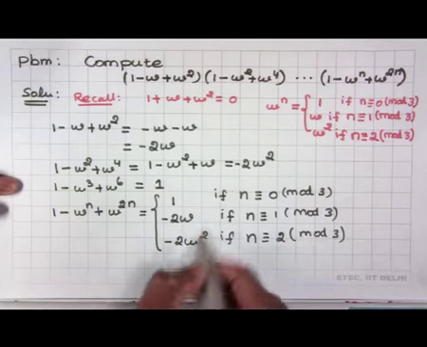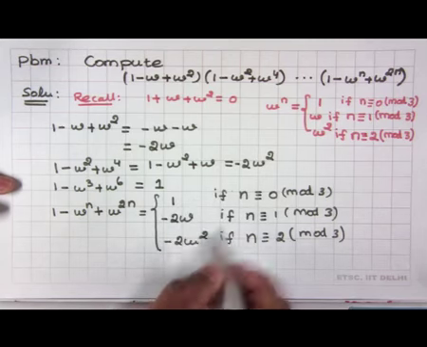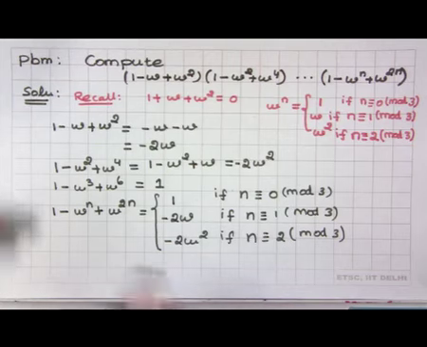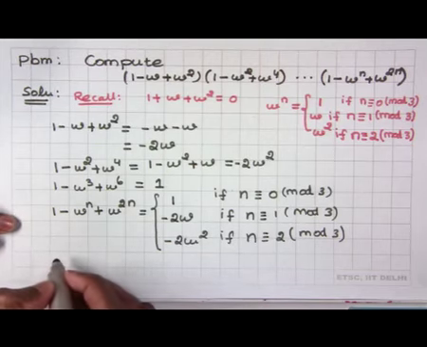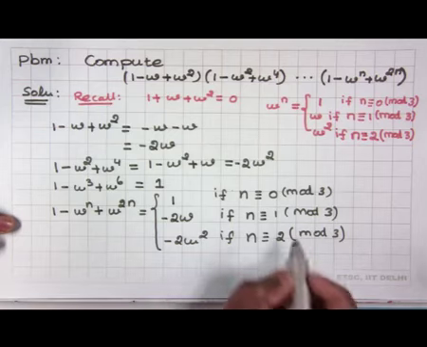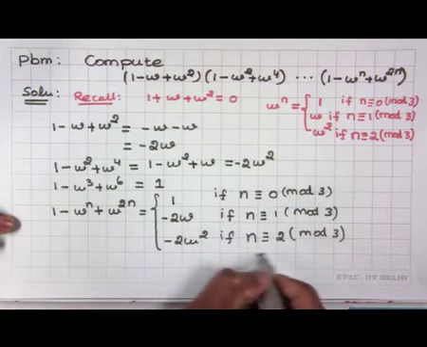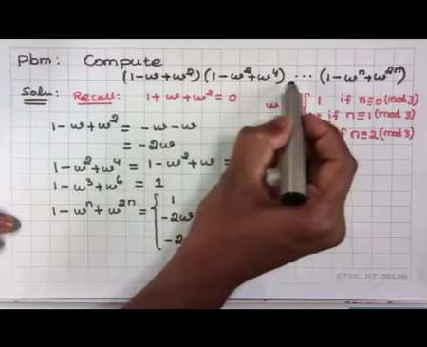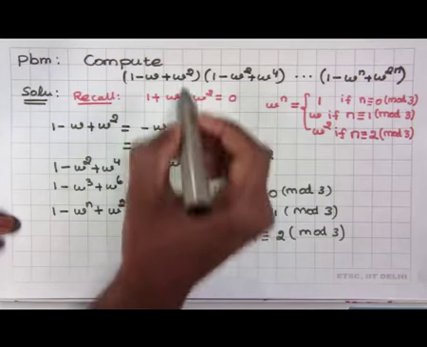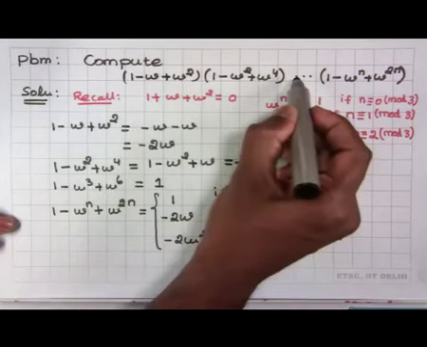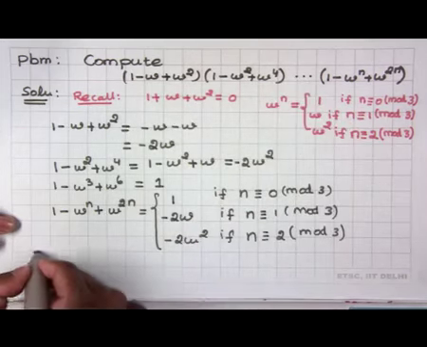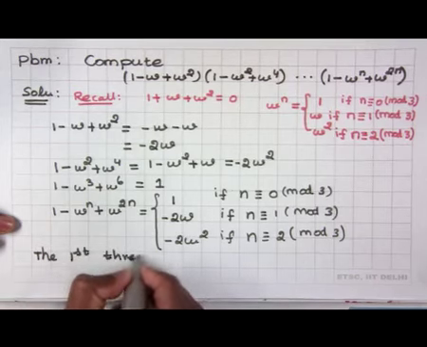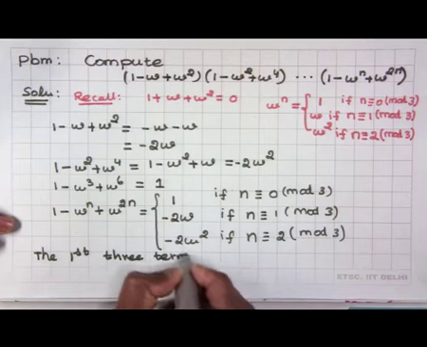So, with this observation, now the product becomes simple. What we can do is combine 3 terms consecutively, which means consider the first 3 term product.